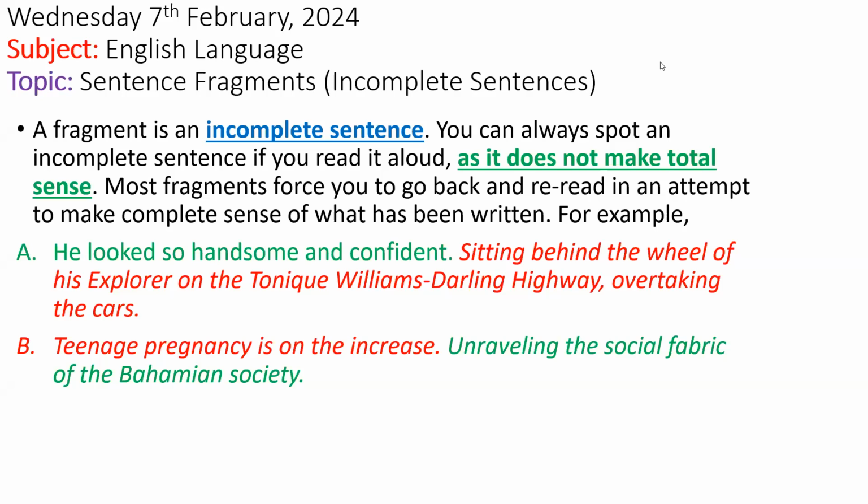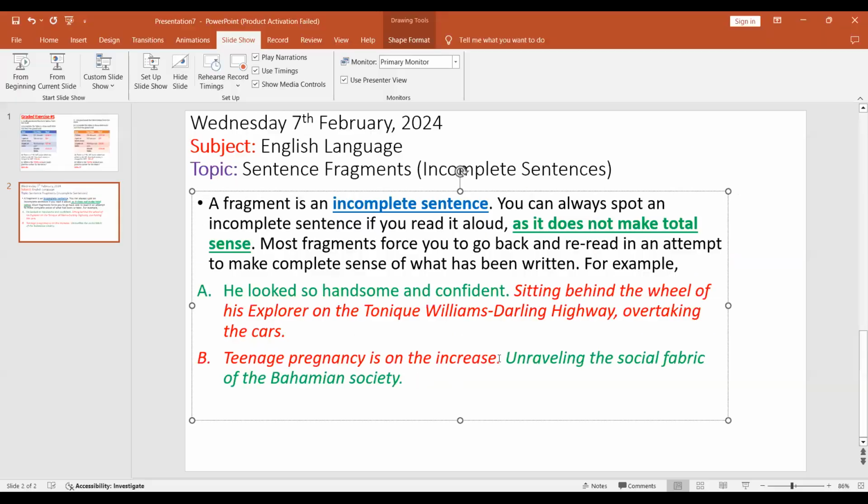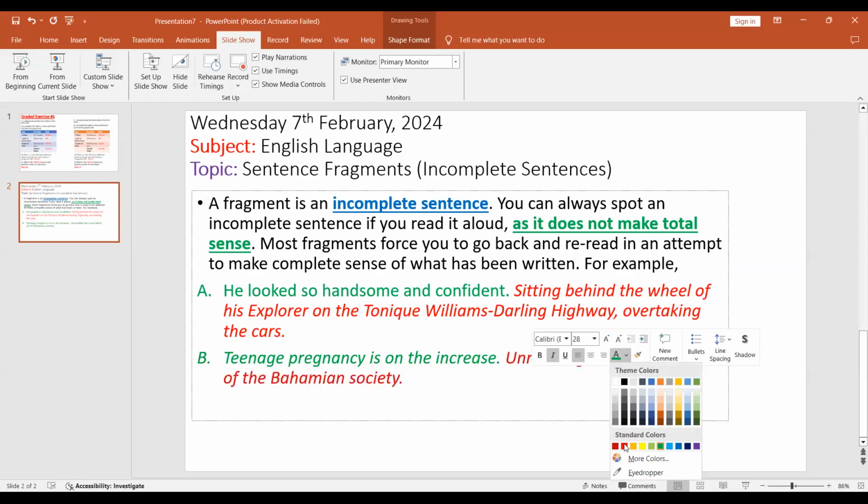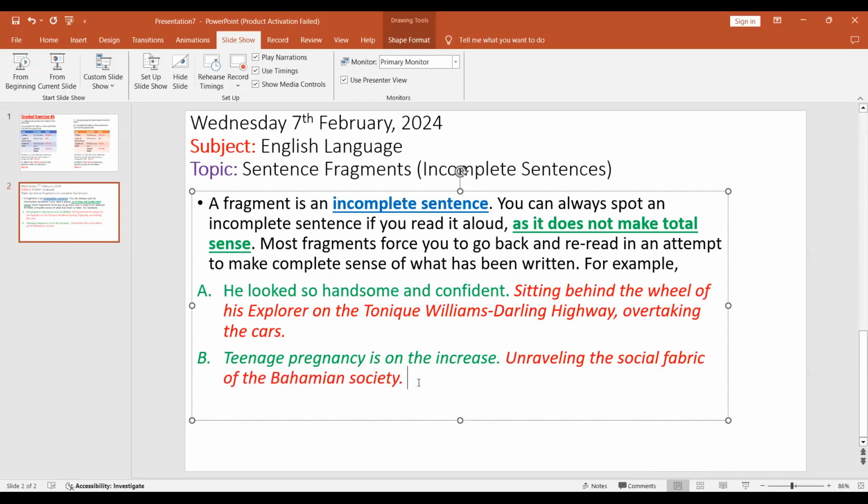Unraveling the social fabric of the Bahamian society. Is that a sentence? No, sir. No, it's not a sentence. So we have to change the colors, right? The green is for the teenage pregnancy. The red is for the unraveling. Okay, good. Y'all didn't fall for my trick.